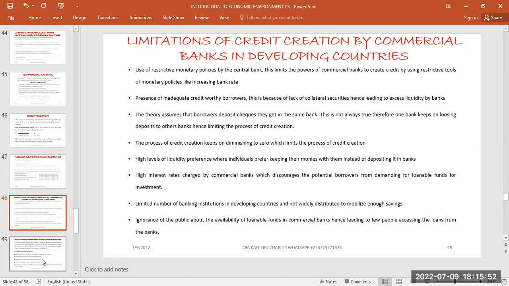In terms of these restrictive monetary policies, we have increasing the bank rate and increasing the direct taxes, so you are reducing the money in circulation, first of all. And when you reduce money in circulation, people will not have money to deposit into the bank. So when they don't have money to deposit into the bank, we expect that they are not going to be able to do the credit creation.